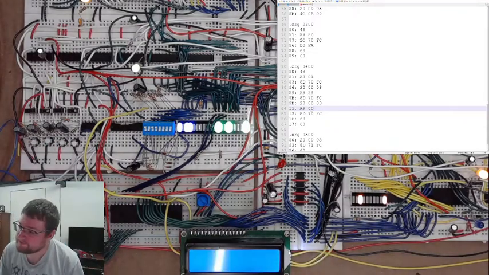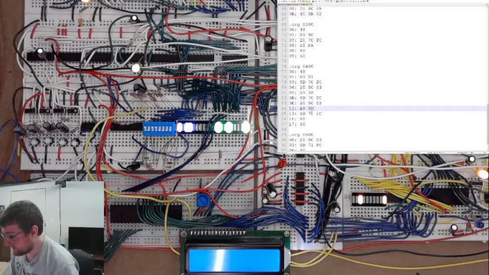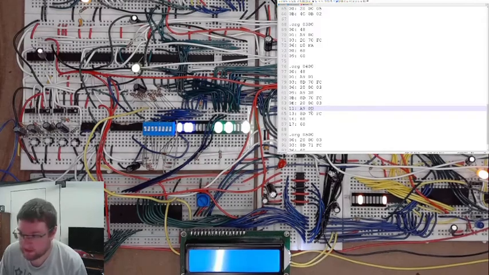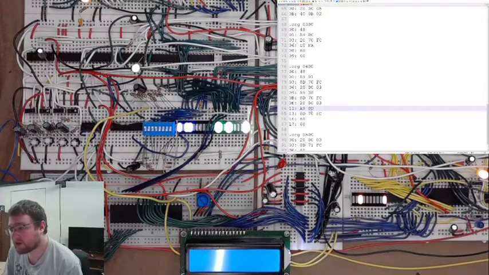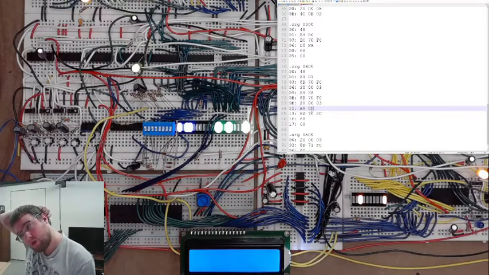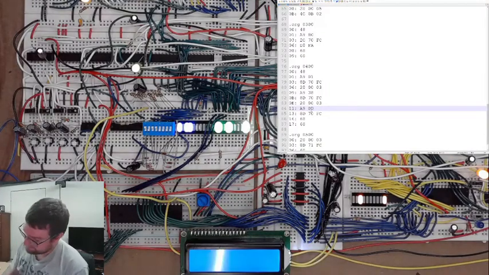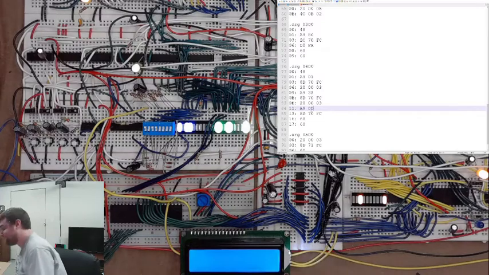There we go. Now it should enable the screen. And we might even write a character to it, if we're lucky. Okay. So, let's do it. Let's write a character.